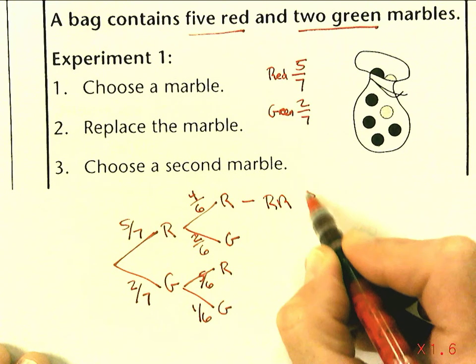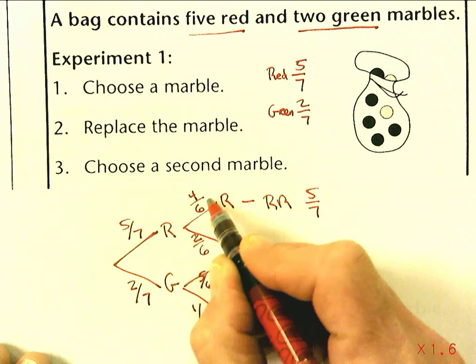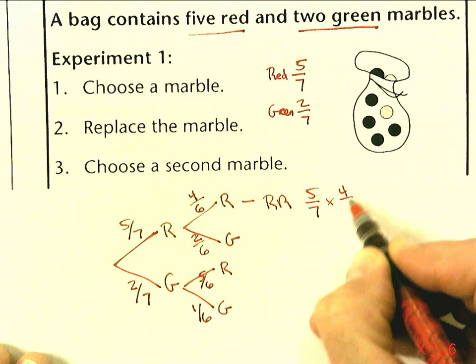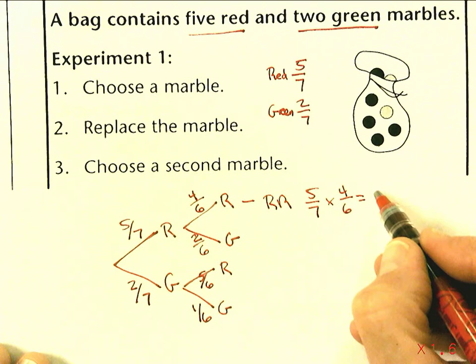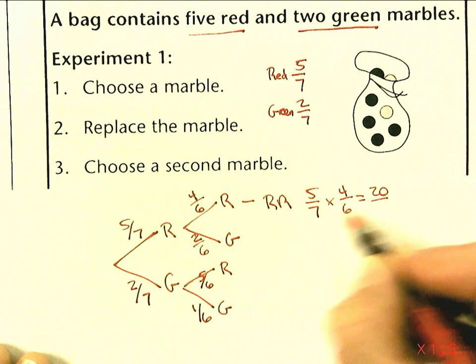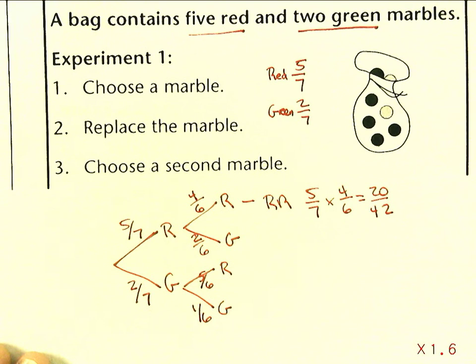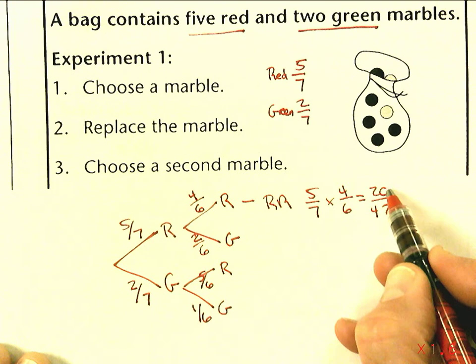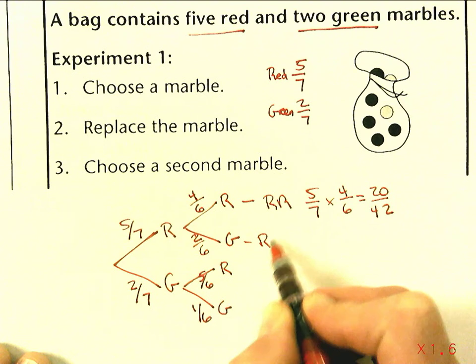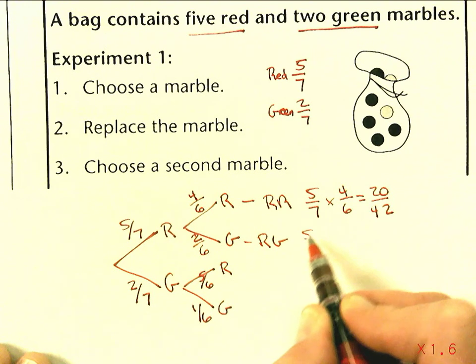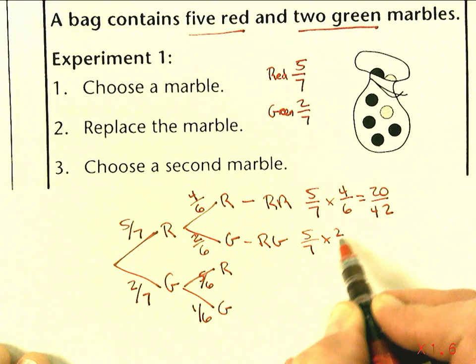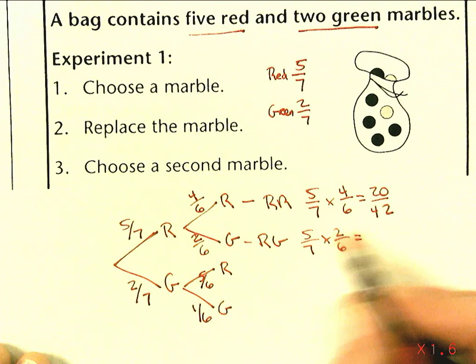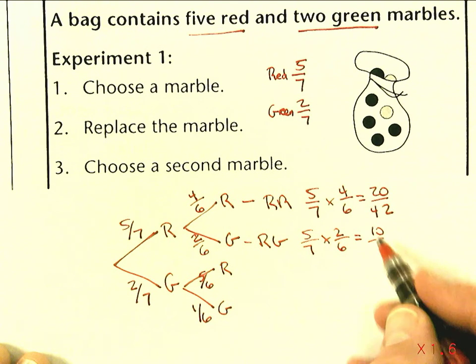So for red red, we have 5/7 times 4/6. So we have 20 over 42. 7 times 6 is 42, 5 times 4 is 20. To get red green, 5/7 times 2/6, or 10 over 42.